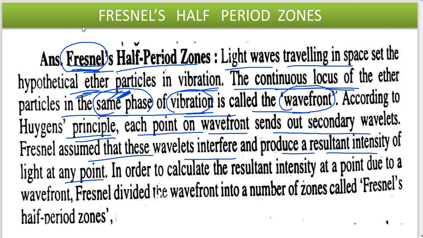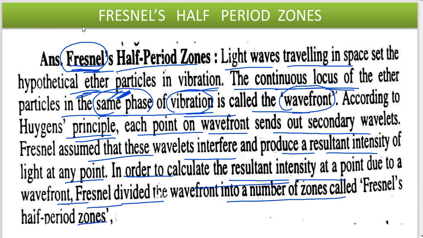Next, in order to calculate the resultant intensity at a point due to a wavefront, Fresnel divided the wavefront into a number of zones called Fresnel half period zones. So what are half period zones? There is a wavefront and you need to calculate the intensity due to it.